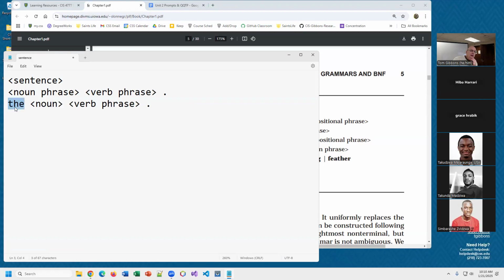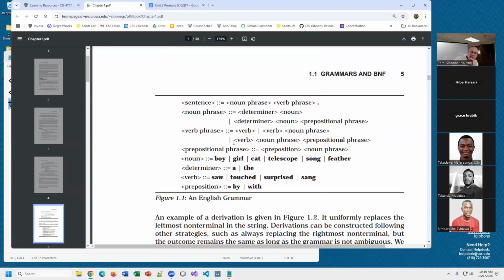Now, I notice so far every object or symbol we've had has been in brackets, greater than, less than.